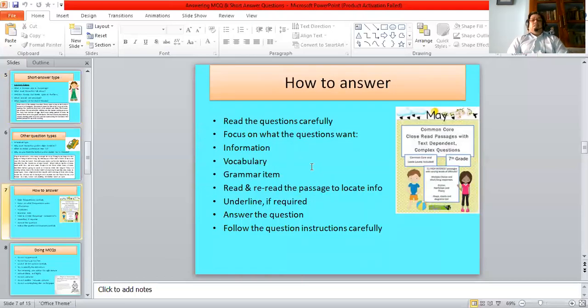Now, certain answering strategies, or how to answer these questions. Read the questions carefully first and focus on what the questions want. What exactly are the questions asking for? So please focus on the content very, very carefully. Look at the information contained in the passage and see what kind of information is there so that we may have to reproduce that.